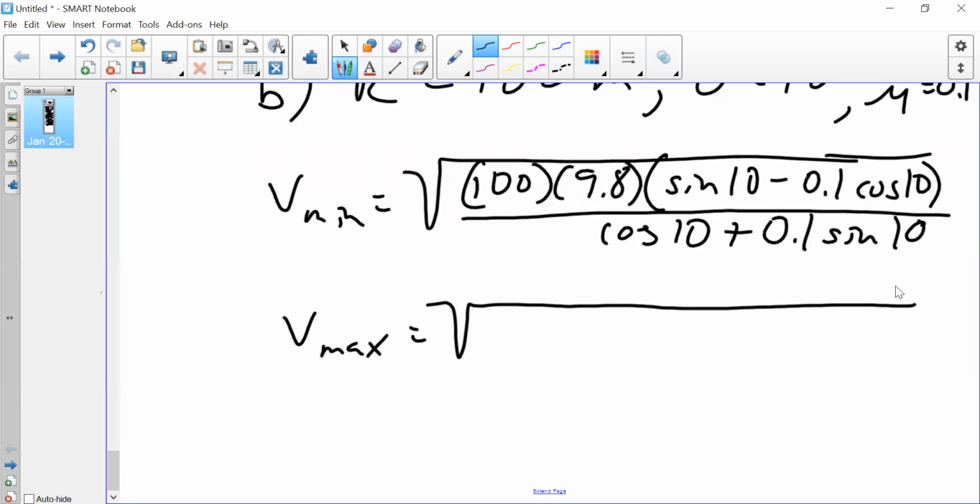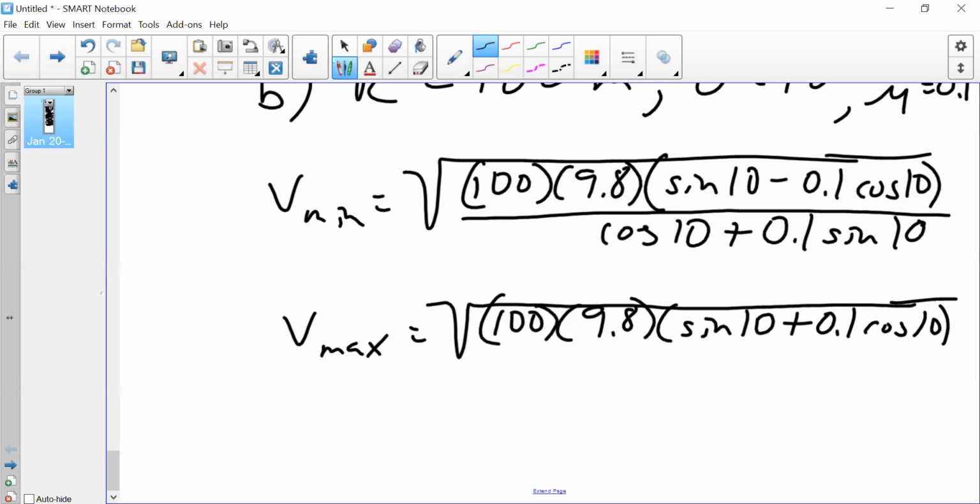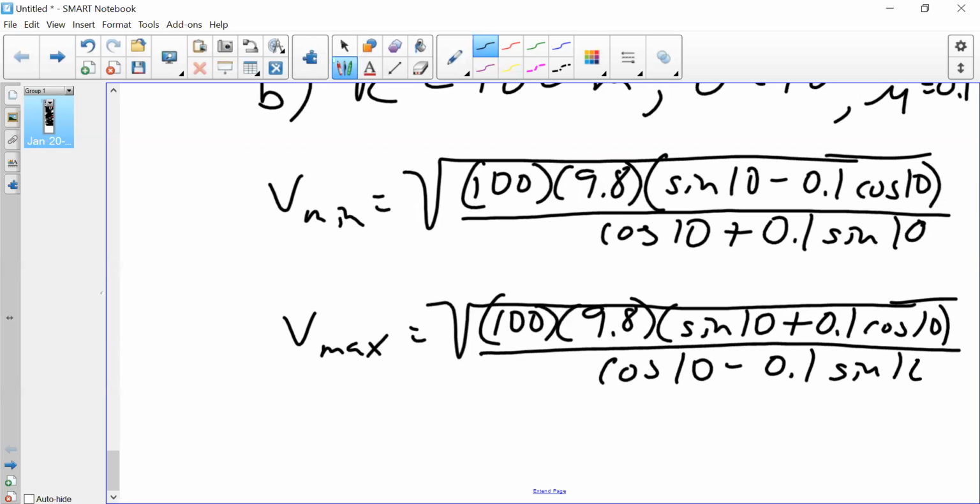Of course, same difference. Sine of 10 plus 0.1 cosine of 10 minus 0.1 sine of 10. So the only thing really is the sign switched.